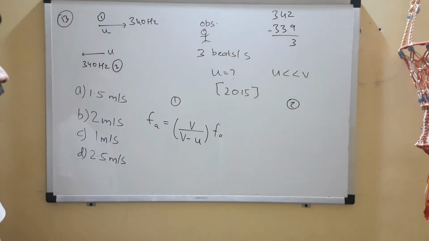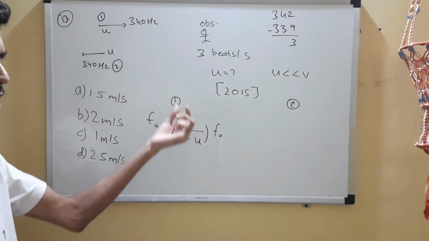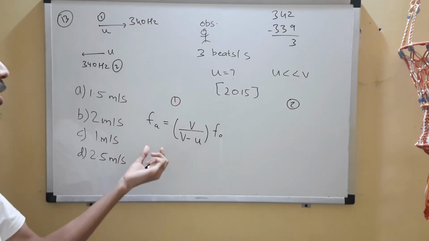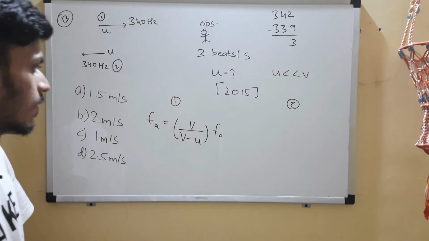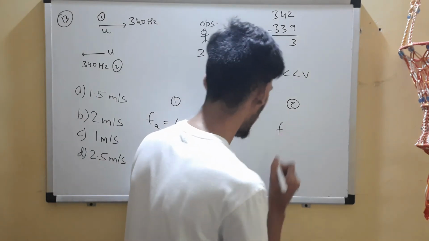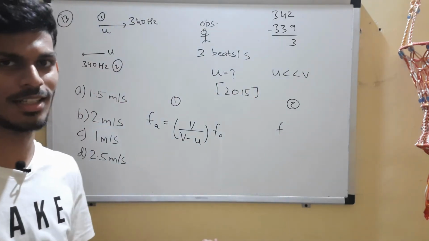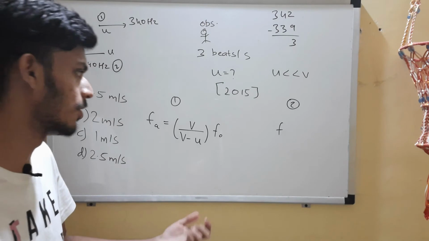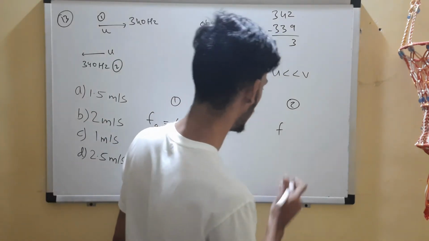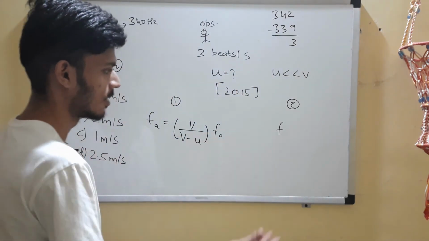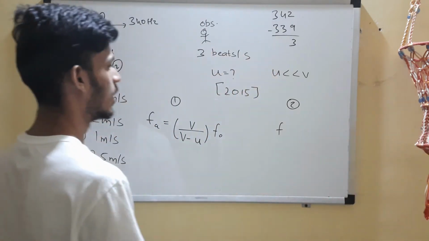I hope that is clear. V minus U. The denominator will decrease in order to increase the apparent frequency. In case 2, some of you might just memorize Doppler's formula. If you do it that way, well and good, but if you use logic, this is how you are supposed to think about it.